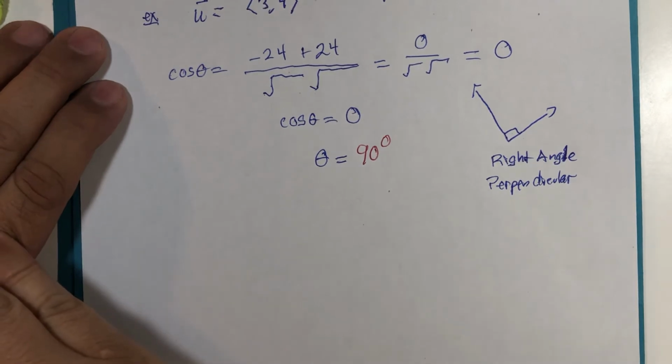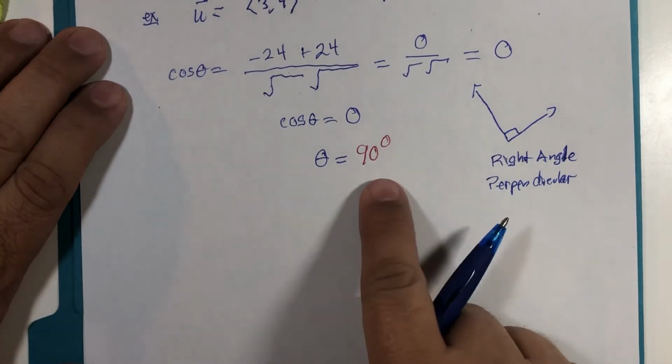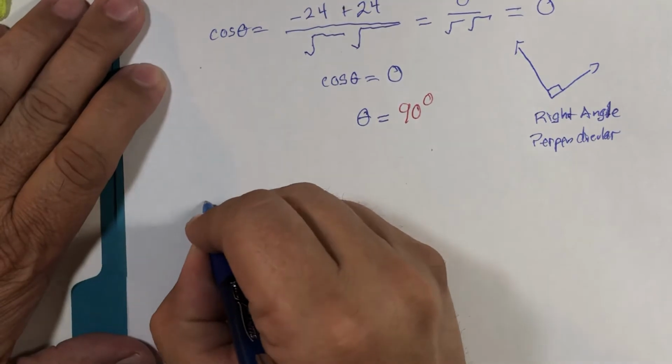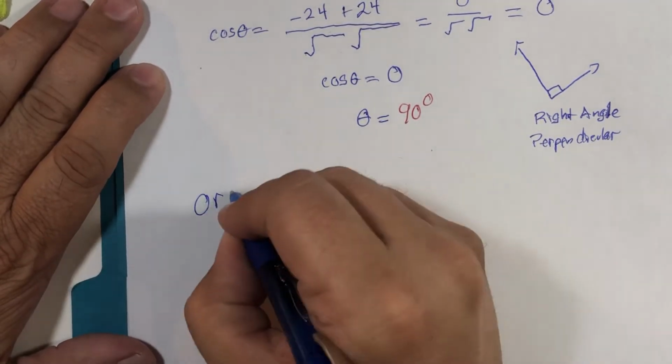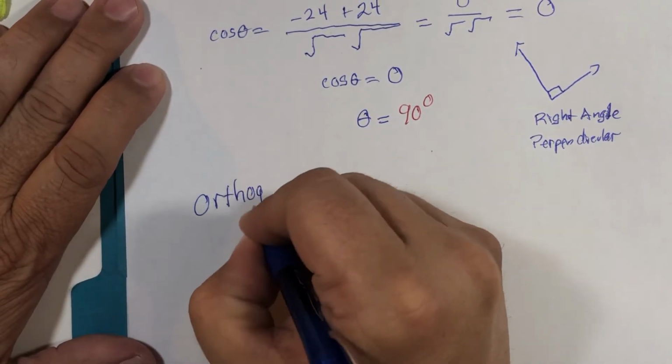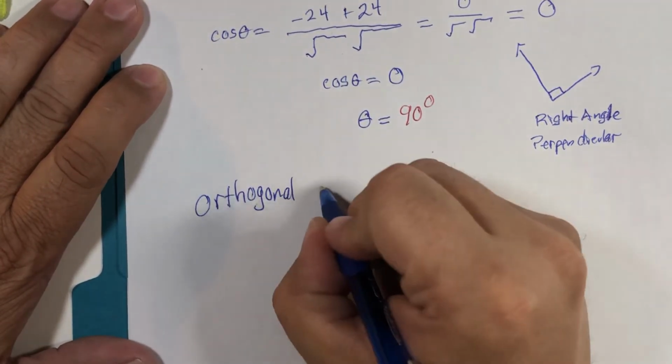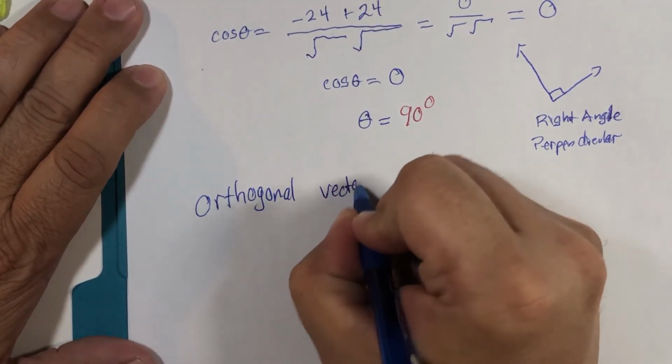But as you may have noticed, if you're reading ahead, it doesn't use either of those terms. It actually uses the term orthogonal vectors.